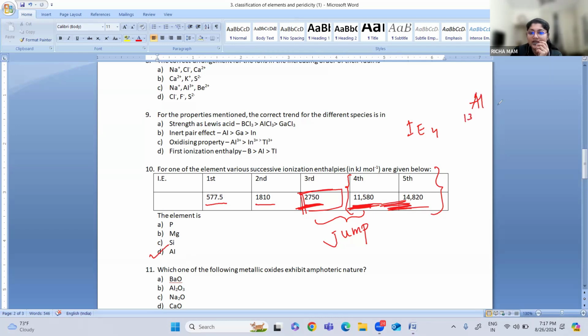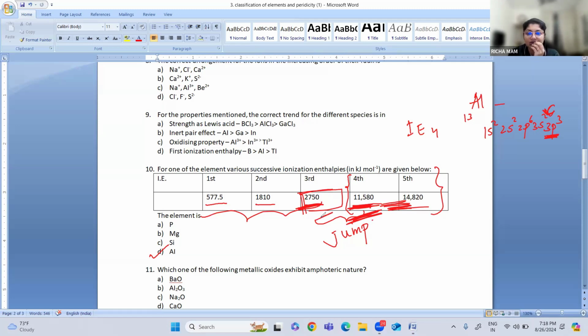Aluminum is 13: 1s2, 2s2, 2p6, 3s2, and 3p1. When you are removing the first three electrons, the energy is almost the same. But when the fourth electron is removed, you can see there is the highest jump. So it is aluminum.